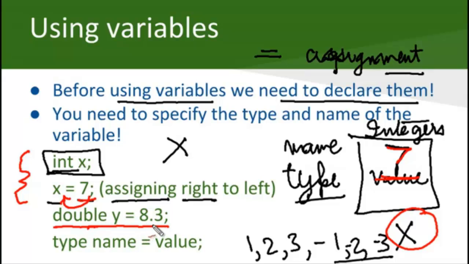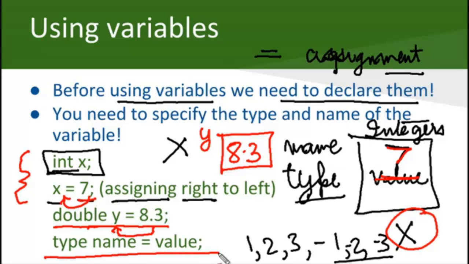It will assign the value 8.3 to the left hand side, which is y. So a variable y will be created and 8.3 will be assigned to it. As I said, this is the assignment operator and it assigns whatever is there in the right to the left.